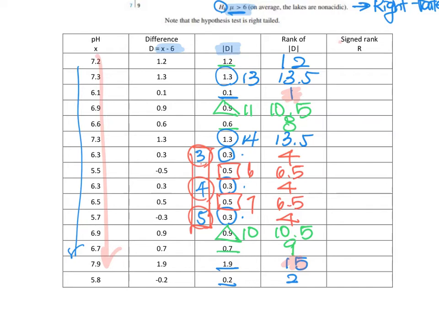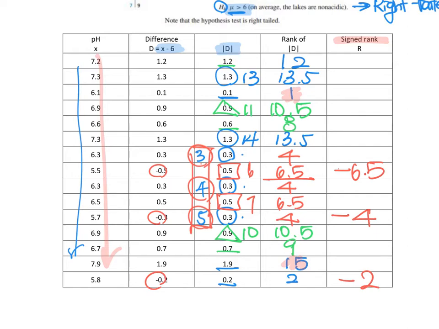And now at the end we need the signed ranks, but we have only 3 negatives. So it must be negative 6.5, negative 4 and negative 2.